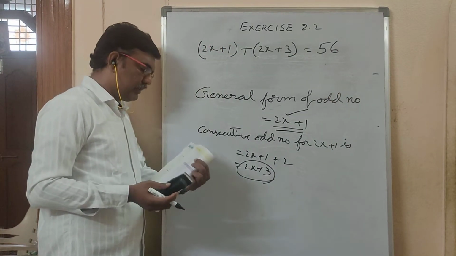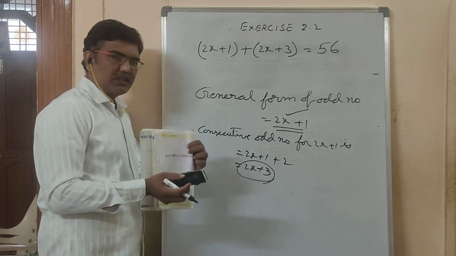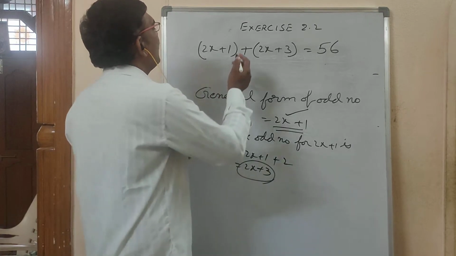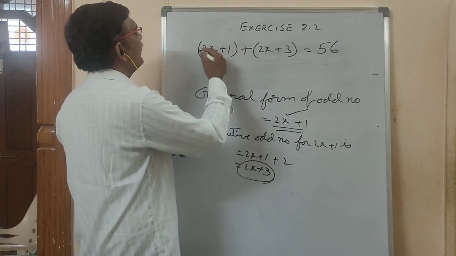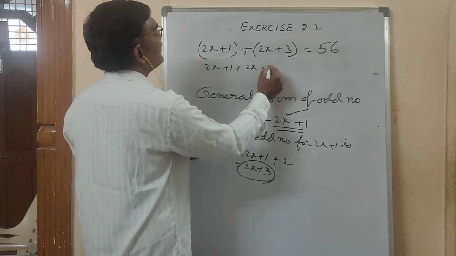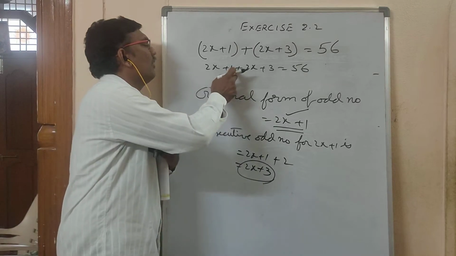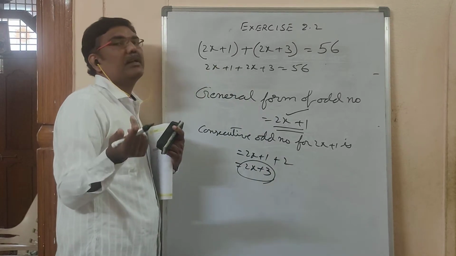Sum of two consecutive odd numbers is 56. Now plus is there, no need of changing. You can remove the brackets directly. 2x plus 1 plus 2x plus 3 is equal to how much? 56. Like these problems we did in exercise 1.